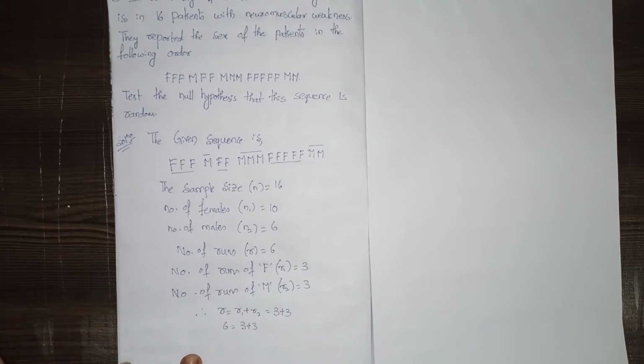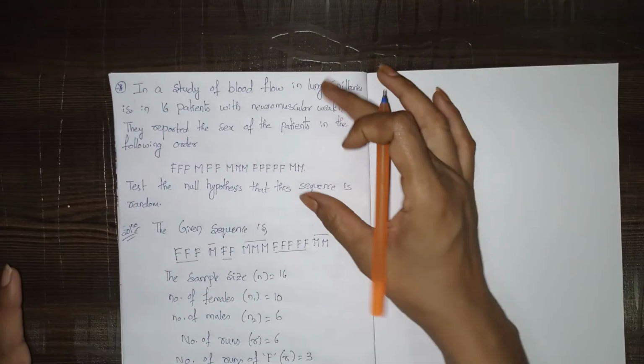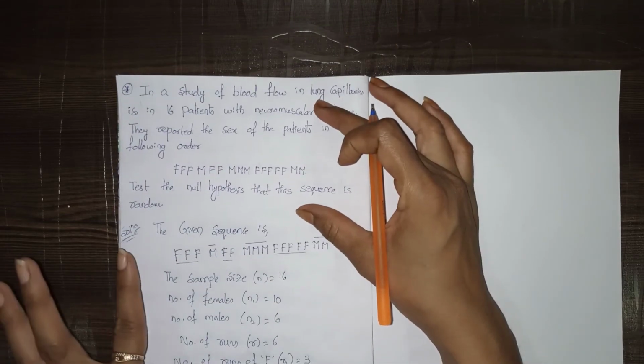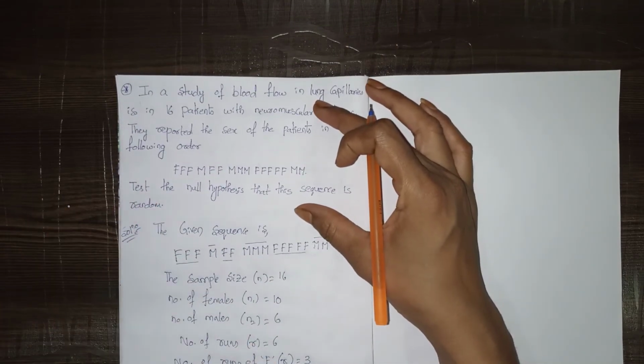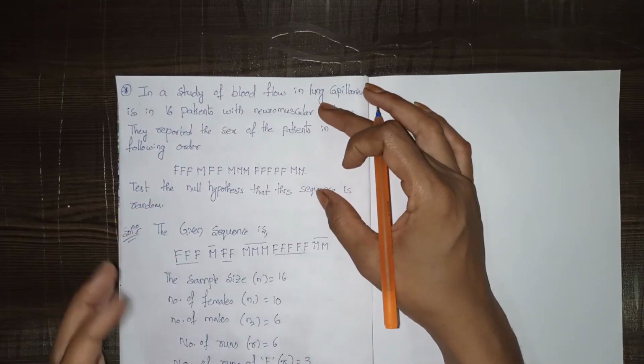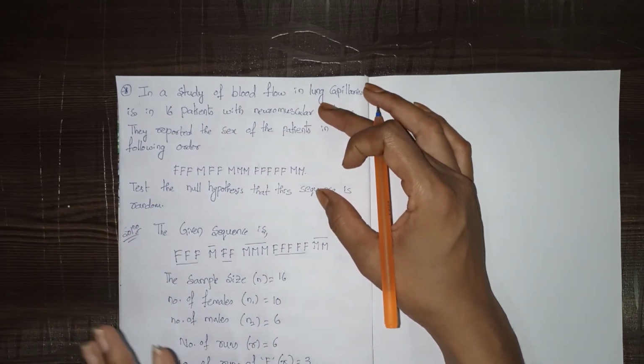Now we have to find the critical values, lower critical value and upper critical value at 5%, that means 0.05 level of significance. They did not ask us to test at any particular level of significance. They did not mention it, so if they don't mention, we have to test at 0.05 itself.